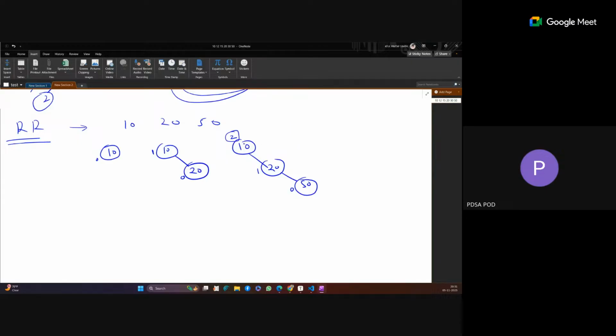Now we will identify which side is getting more weight. How are we getting this RR? From this position, we first check which side's height is more, that is the right side. Now we move to the right child, and from the child we see which side's height is more, again the right side.